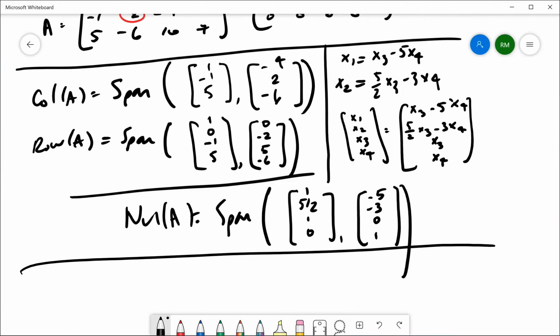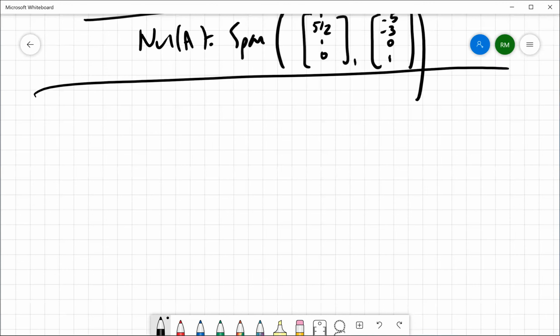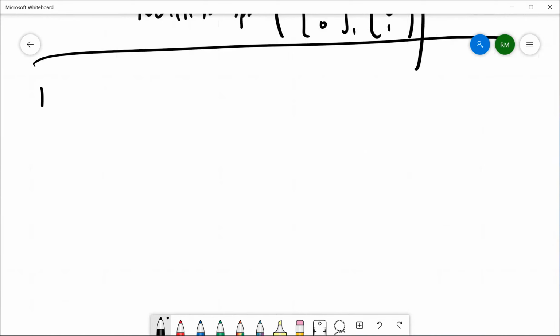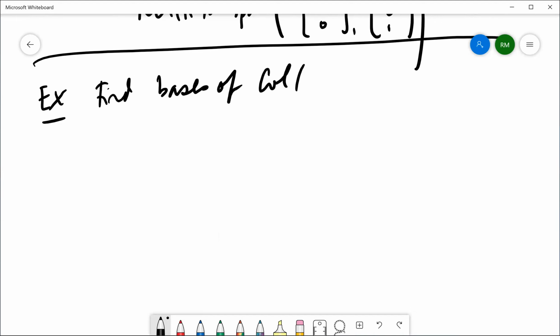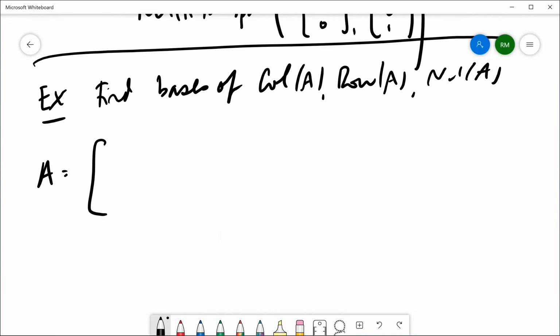So I'm going to give you another example to work in your notes. Again, to find bases of the column space of A, the row space of A, and the null space of A, where A is this relatively large matrix.